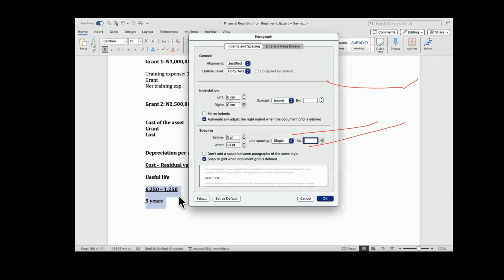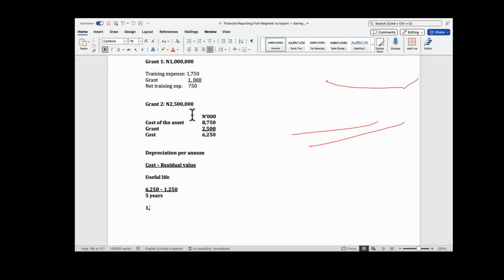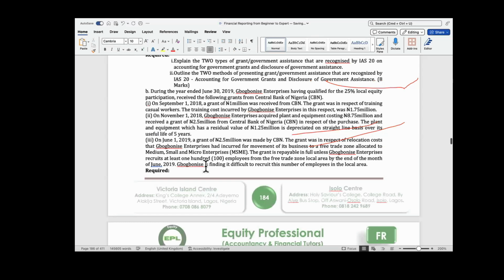1,000. But can we recognize the whole of the 1,000? No. A lot of students failed this because they failed to realize that the government actually gave them the grant in November, and the year end of this company is June.